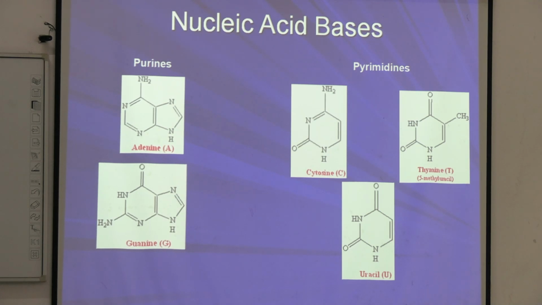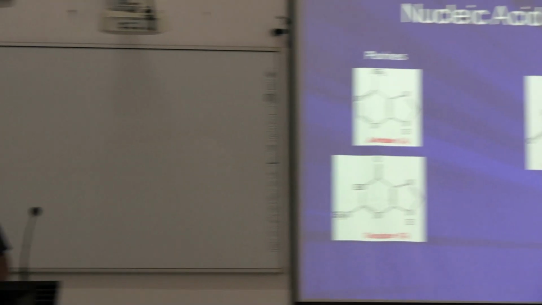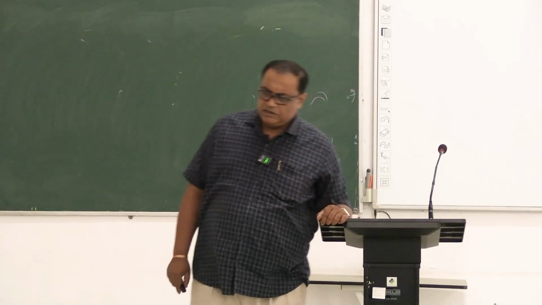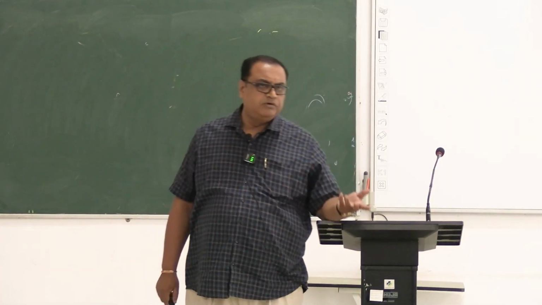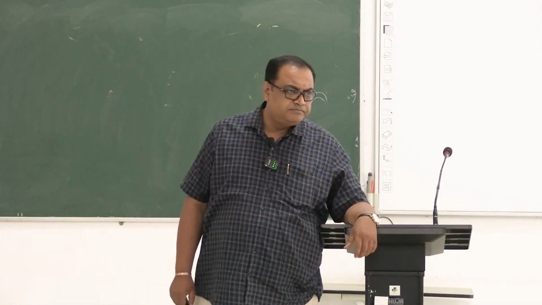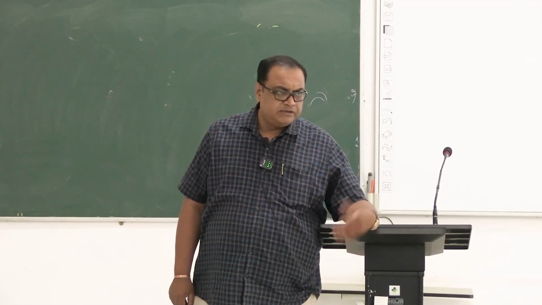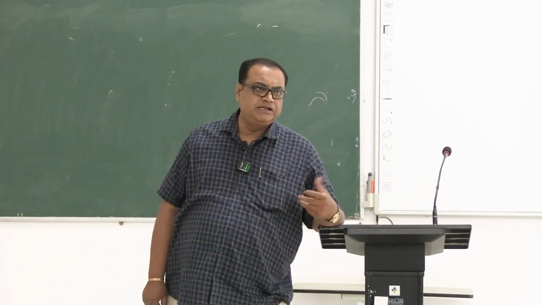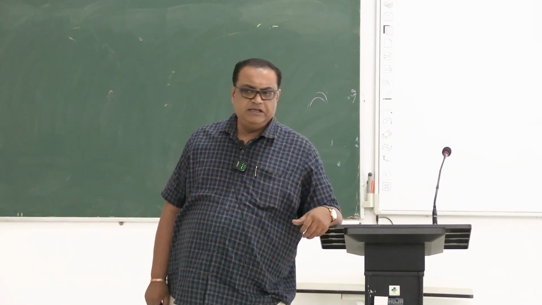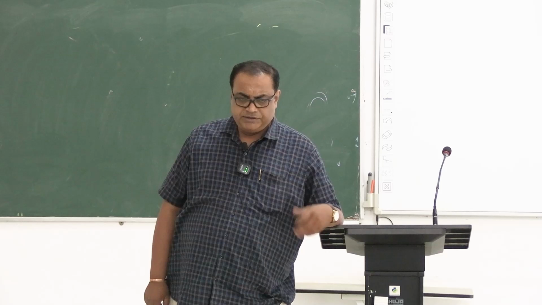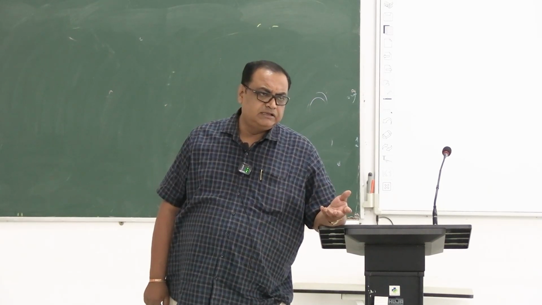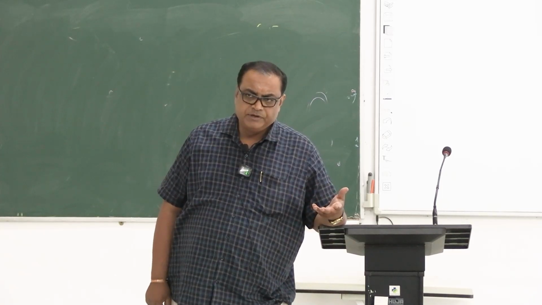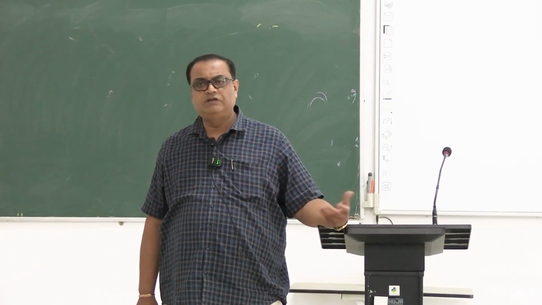It becomes thymine. So thymine can be formed from uracil by methylation, or if you remove the methyl group from thymine, it will become uracil. That is why there are some mutating agents which are demethylating agents. What they do? They demethylate thymine to form uracil. Now thymine is found in DNA, so when you remove the methyl group, it becomes uracil.